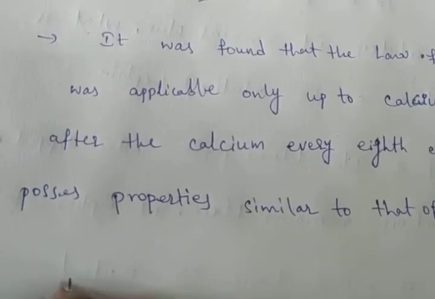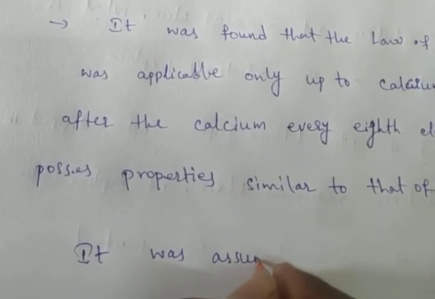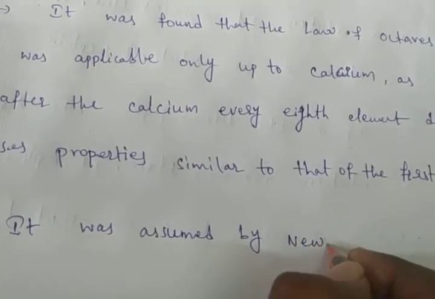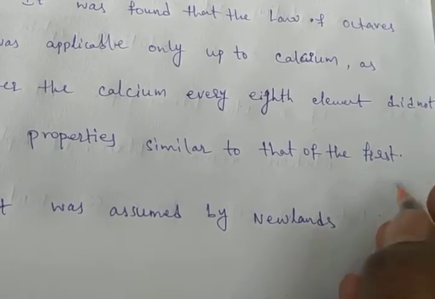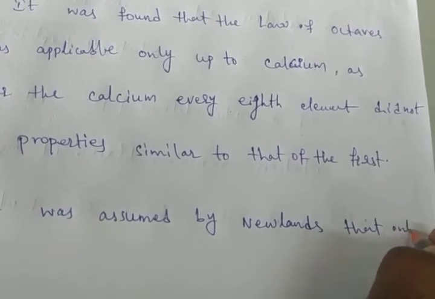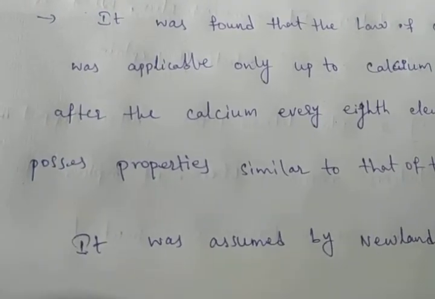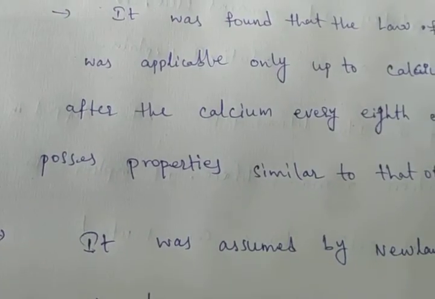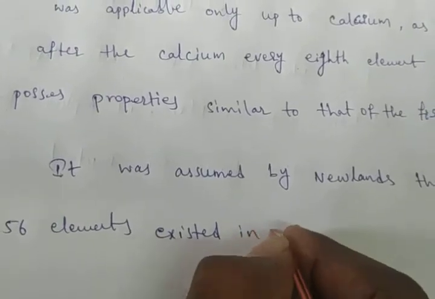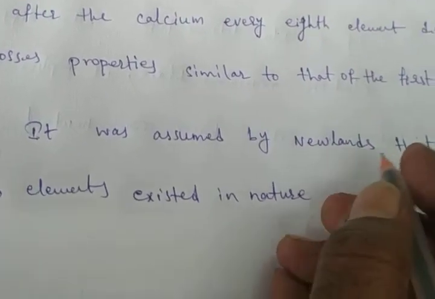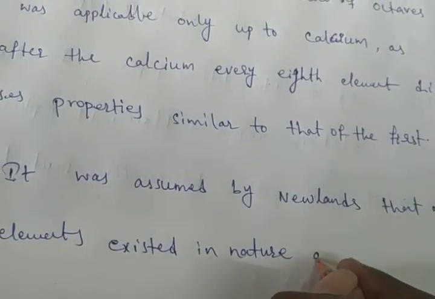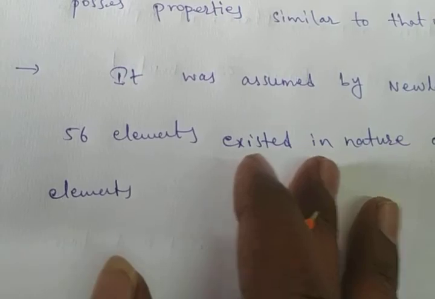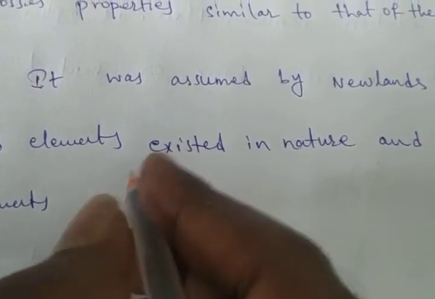It was assumed by Newlands that only 56 elements existed in nature and no more elements would be discovered in the future.